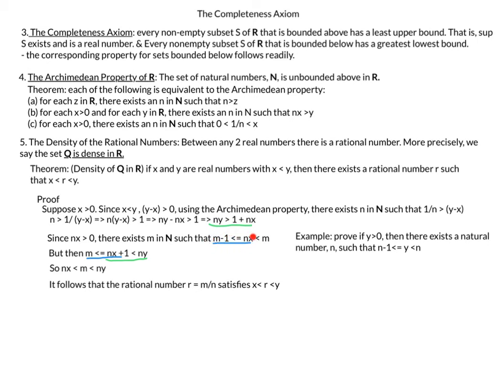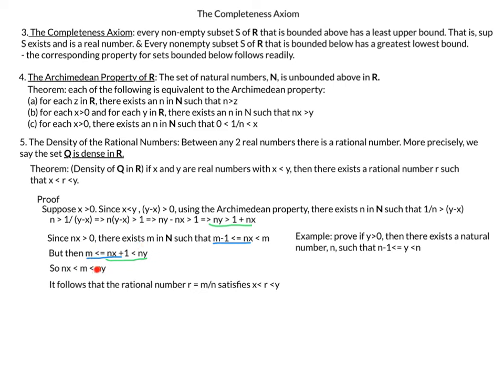So I just moved the 1 over, so I get m is less than nx plus 1. This part of the inequality underlined in green comes from this line here, so ny is greater than nx plus 1. And now I have nx is less than m, which comes directly from here. And then I have m is less than ny, which comes from the line above.